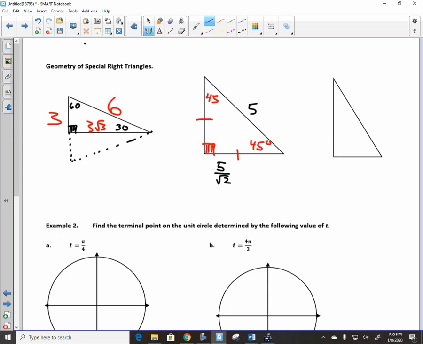Can you have the root of 2 in the denominator? What do you do to get rid of the root of 2 in the denominator? And when you do that, you get 5 roots of 2 over 2. So we get 5 roots of 2 over 2. Now, we'll do that again eventually.